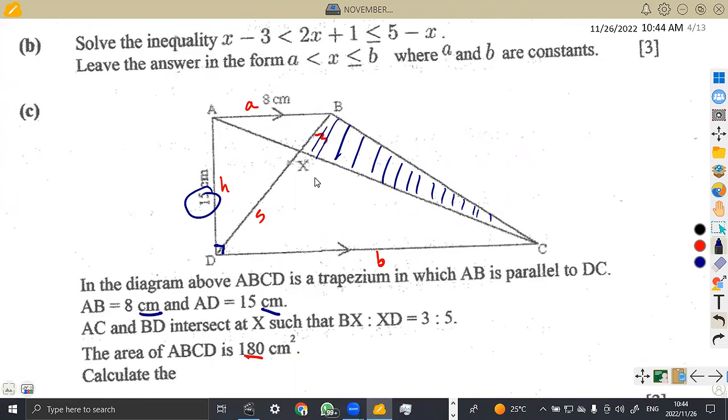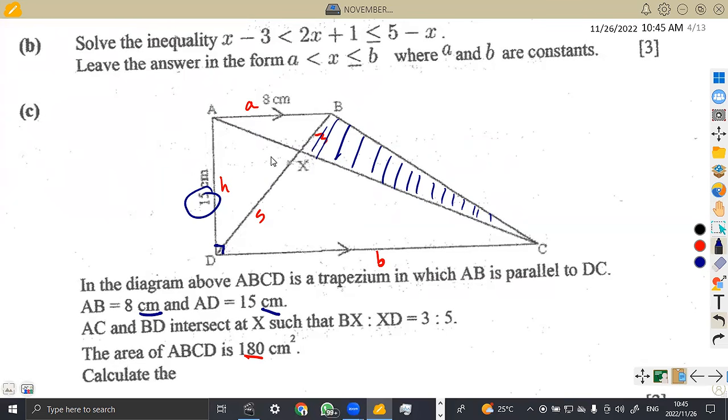So far we only have the area of the trapezium, and that is the only area that we have. So what can we do? That's the question. I want us to cross-check from ABD, this triangle, it's a right angle triangle. Let us just calculate the area. Maybe we can have something from there.